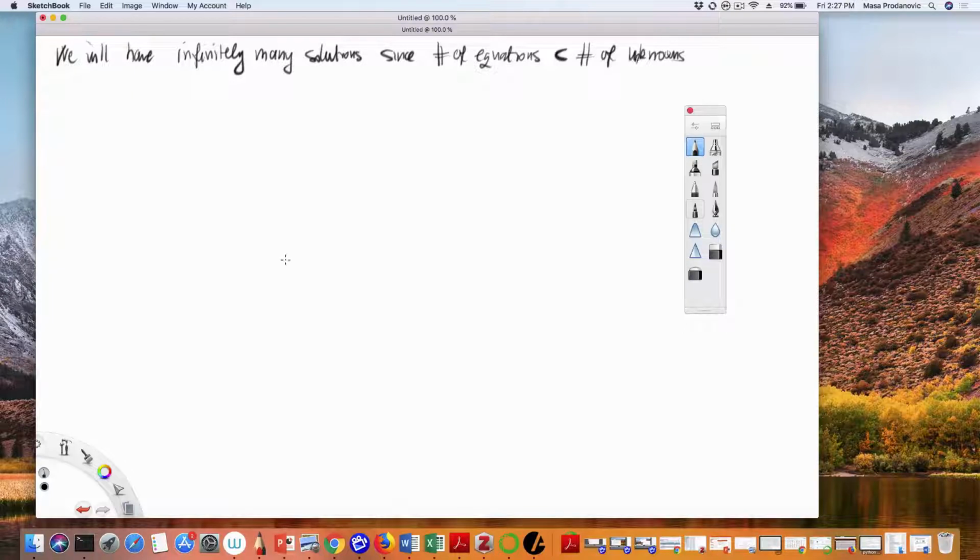So for instance, let's say that we are targeting x3 and x4, or x4 is my first parameter, so then my last equation says that x2 is 100 minus x4. So this x4 I treat as a free parameter.